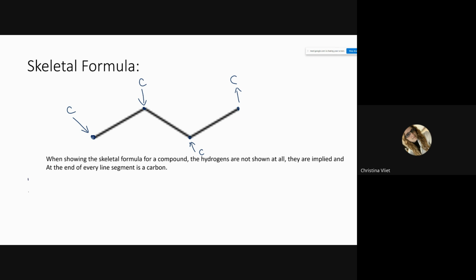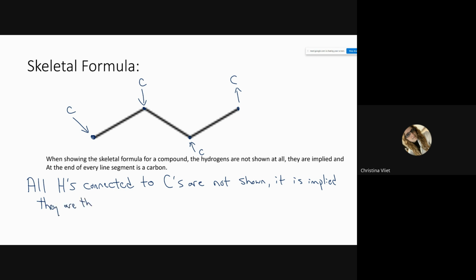So all hydrogens connected to carbons are not shown. It is implied they are there. So you would have to understand, if you look at a skeletal formula, that this carbon here has one covalent bond coming out to it to another carbon. How many hydrogens do you think this carbon has?